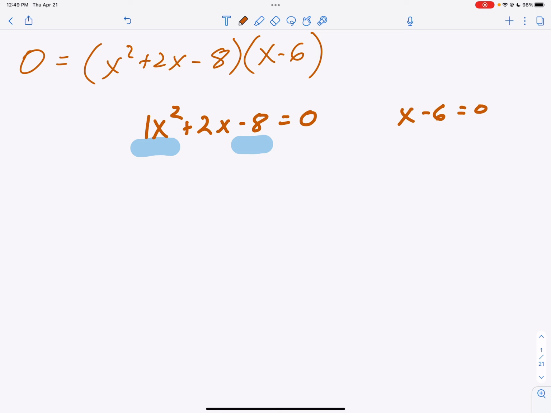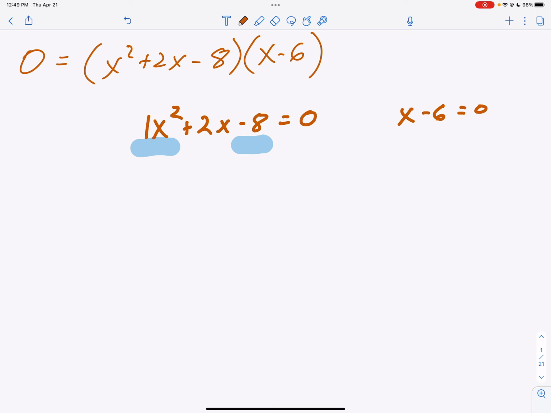We know from what happens when we distribute, we need to think in reverse. Remember, factoring is reverse distribution. So in this case, we need to figure out something that when you multiply them, you get 1 times -8.